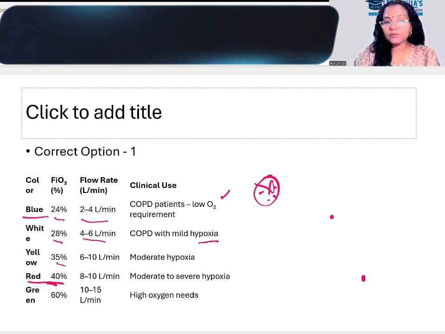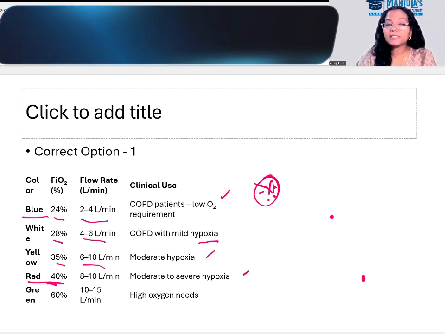Yellow delivers FiO2 of 35% and oxygen of 6 to 10 liters per minute, used in moderate hypoxia. Red 40%, 8 to 10 liters per minute, moderate to severe hypoxia. Green is 60%, 10 to 15 liters per minute for high oxygen needs.